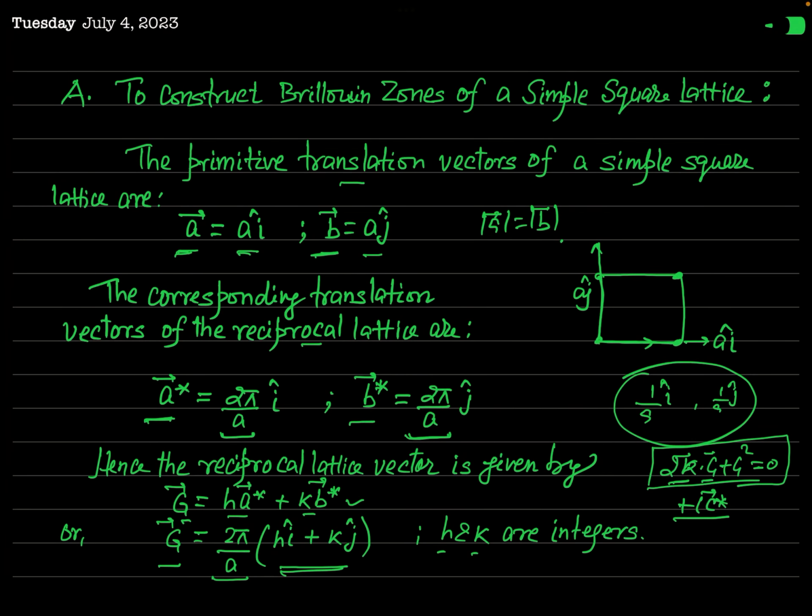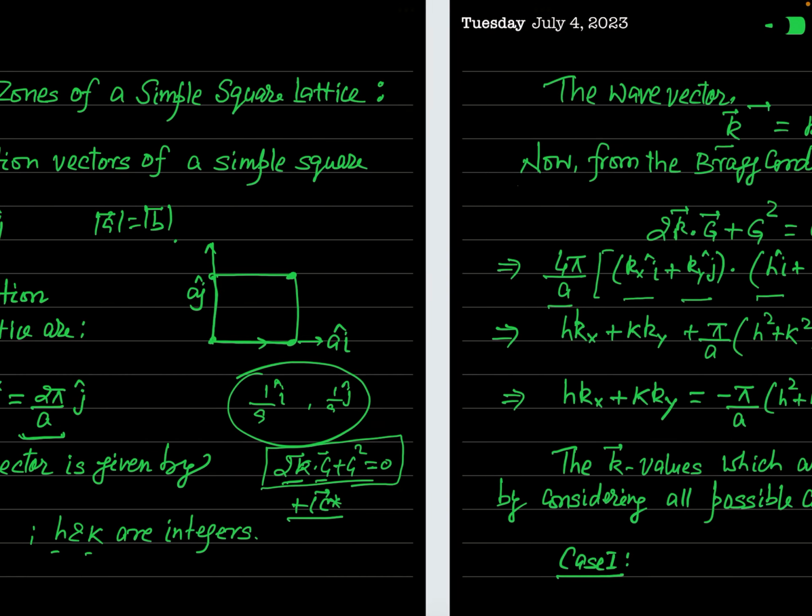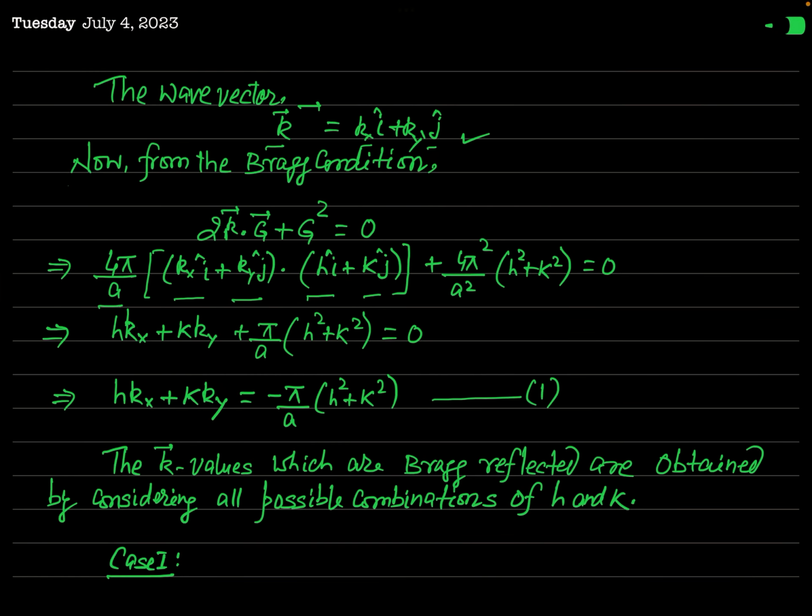You can see the square of the modulus of this vector G will be 4 pi square over a square times H square plus K square, and that is equal to 0. Now you can take this 4 pi over a as a common factor, and since on the RHS there is 0, that will be removed.